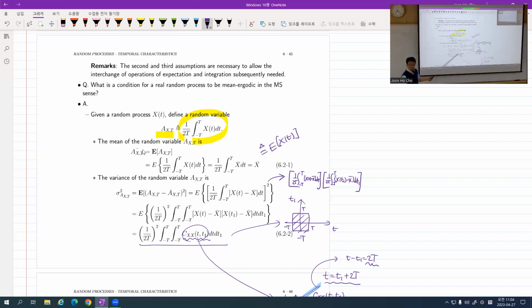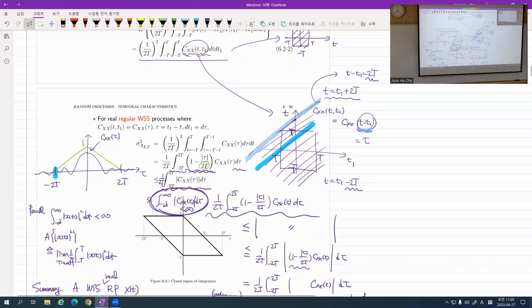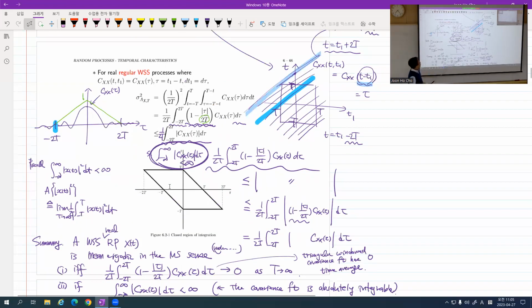Since we also assume the random process is at least wide-sense stationary, this covariance function is a function of only the time difference, which means that on each line with a different y-intercept, the covariance function has the same value. By exploiting that property, we can convert that double integration into a single integration, as shown here. So this variance now becomes a single integration.